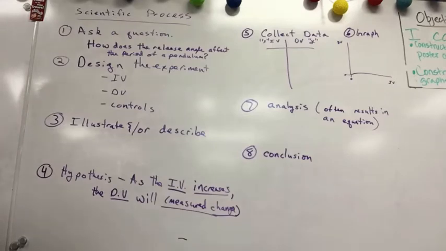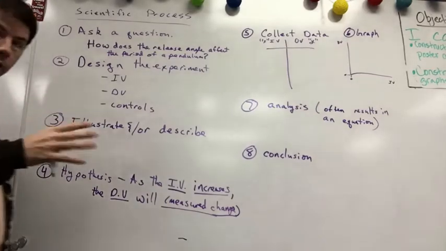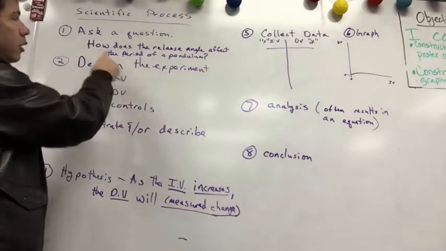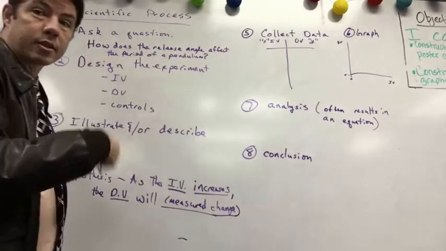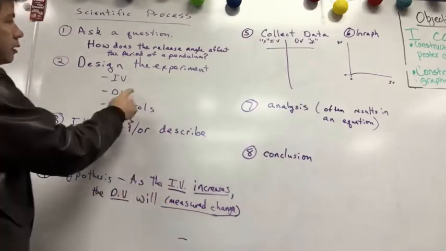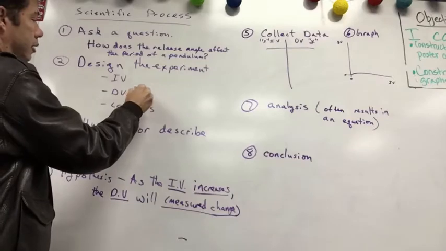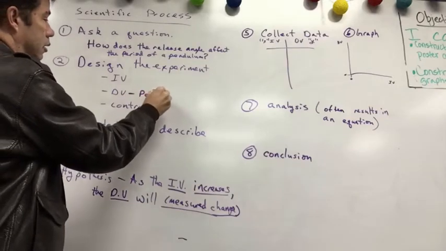In our experiment, the first thing we should look at is what our independent variable and dependent variable are. It depends on what's going on, but a lot of times it's easy to start with the dependent variable. What are we going to be measuring as a result at the end of the experiment? We're going to be measuring the period. So our dependent variable is the period.